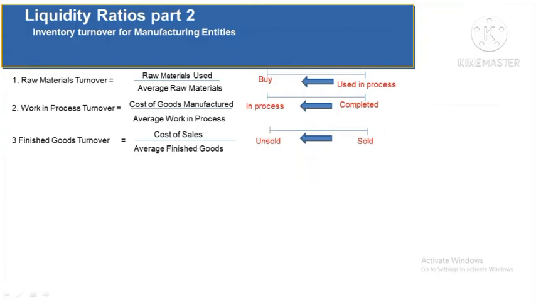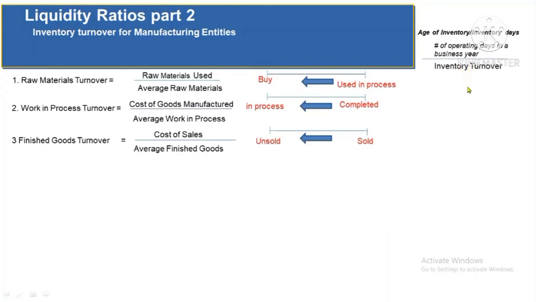Sir, how about the age of inventories? Will the computation change? No, it is still the same. The numerator is still the number of operating days in a business year over the inventory turnover. But if you want to be specific, if you're looking for raw materials inventory days or work in process inventory days or finished goods days, then you can substitute the turnover with the raw materials turnover or work in process turnover or finished goods turnover.